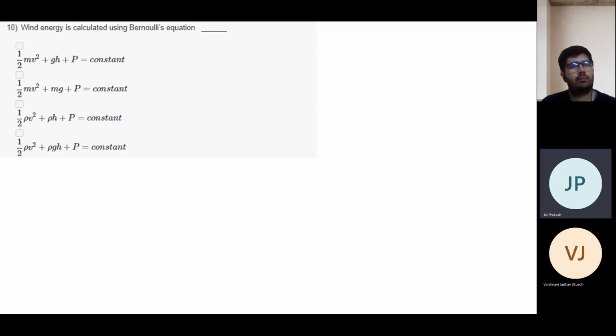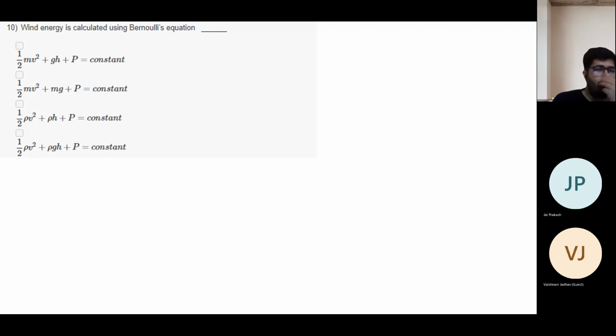Half rho v square plus rho h plus p is constant. Rho v square, you mean to say option number C? Yes, rho v square plus rho h plus p is constant. Okay.